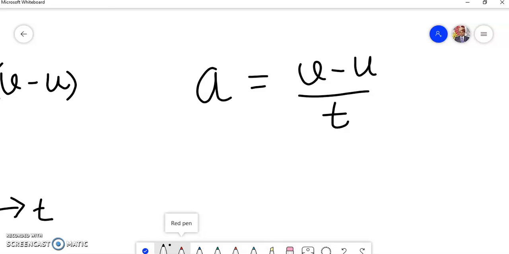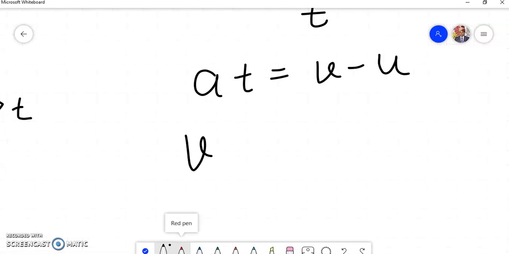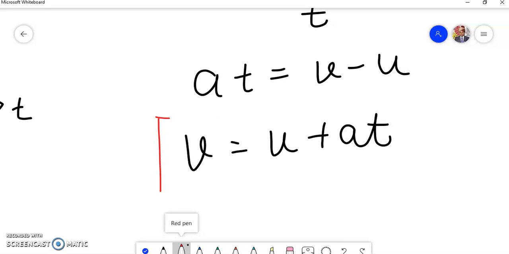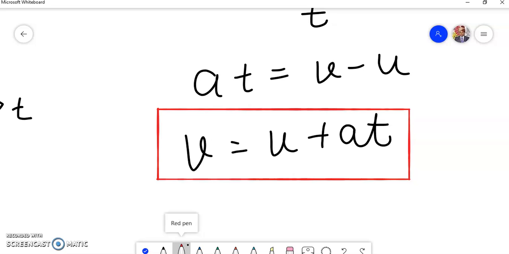Now if you solve this equation very simply, you will see that a into t will be equal to v minus u. A simple calculation. So you get v is equal to u plus at. So we have proved the first equation.